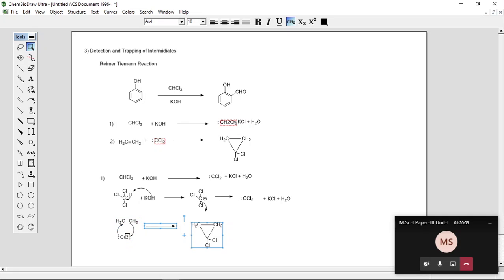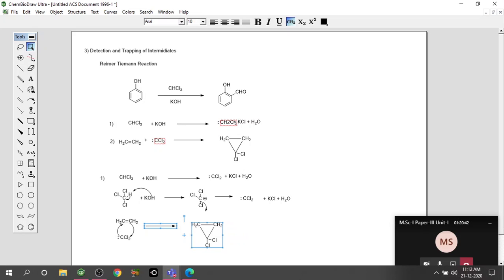Okay, so in the same reaction we are adding some amount of ethene. That carbene immediately reacts with the ethene and forms a cyclic product, and some amount will react with the phenol and form the formylation of phenol. So by analyzing the product, first you have trapped this intermediate into this cyclopropyl ring, then you are detecting this product.